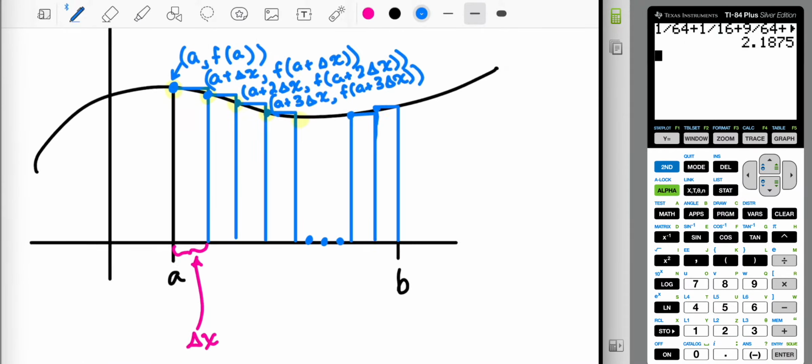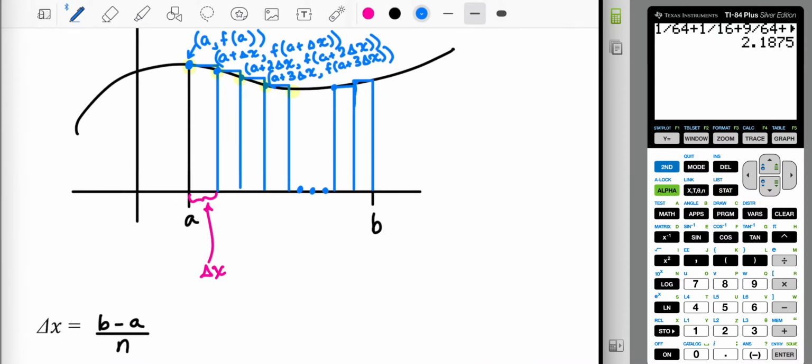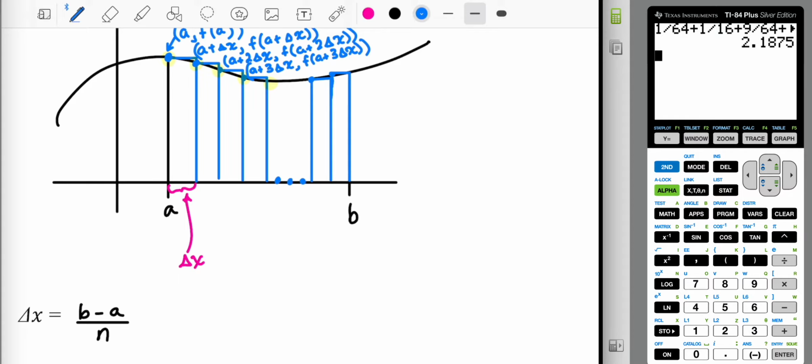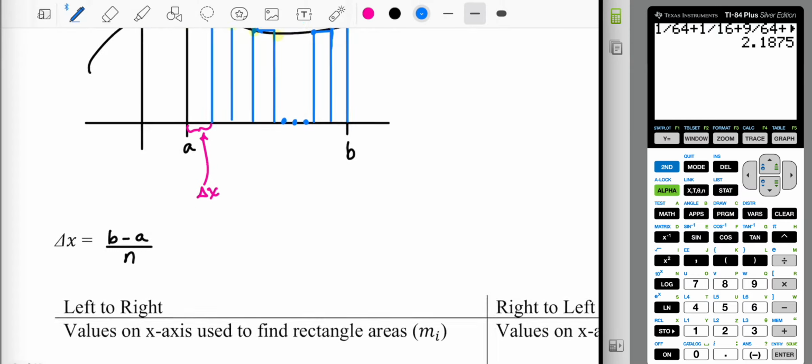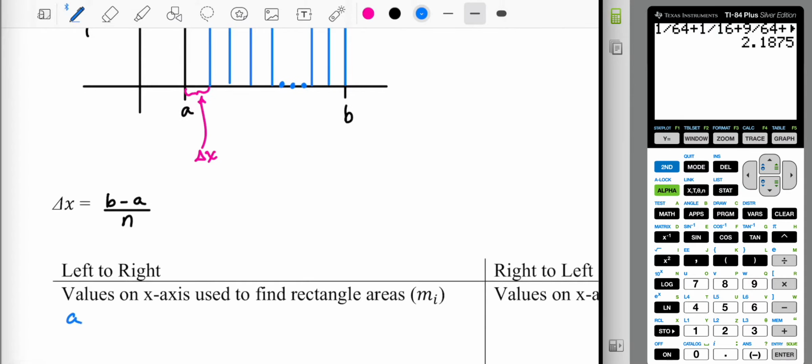All right, so we could start generalizing here a little bit. Everything's in general form, but we could start going through the process. The values on the x-axis that are used to find the rectangle areas, well, we have the a, we have the a plus delta x, a plus 2 delta x, a plus 3 delta x, and so on.